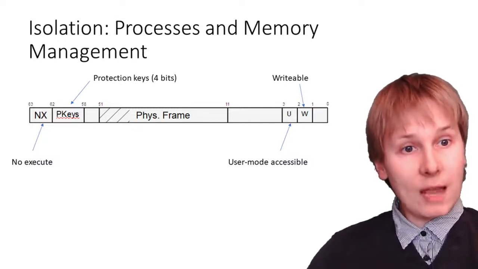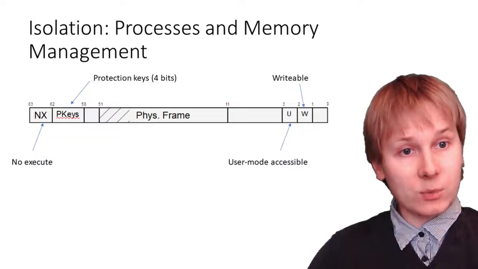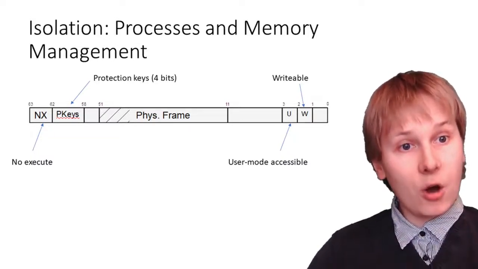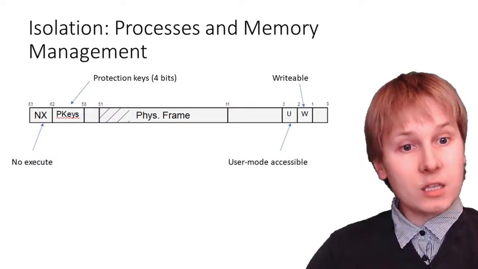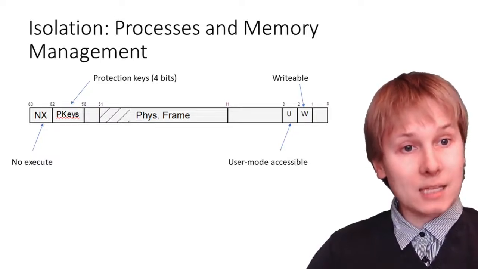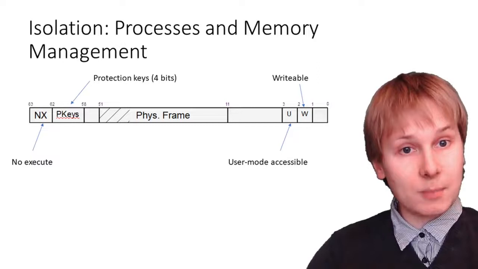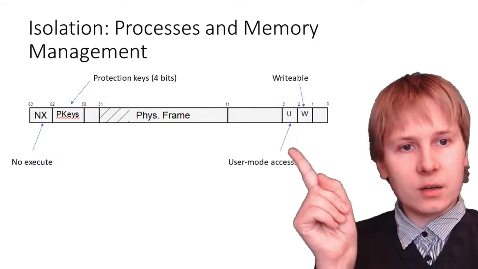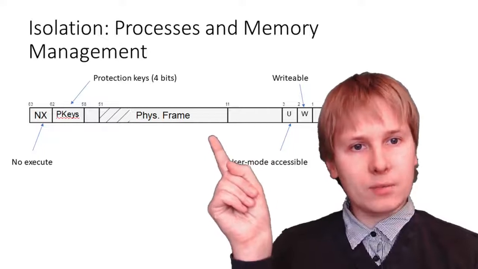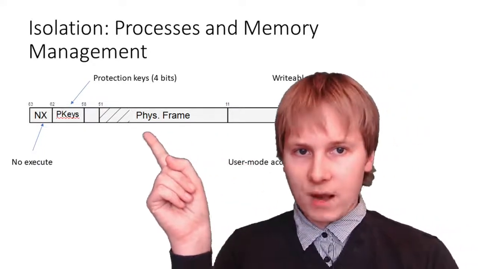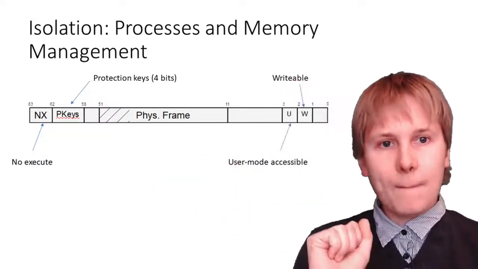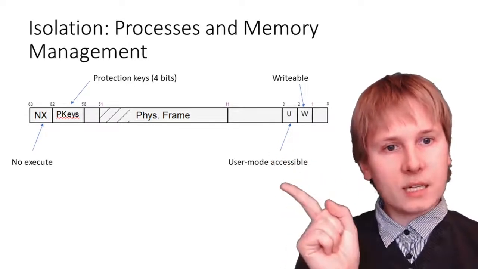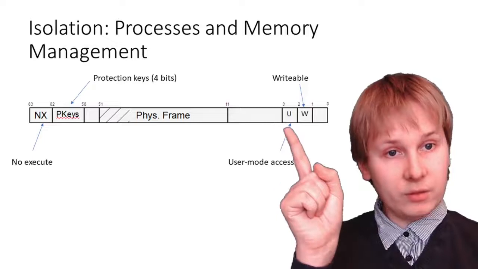So you don't only have isolation between the processes, which see different page tables and so can't access each other's pages unless they've been given specific permission by mapping the same frame within both address spaces. What you get is the number to map the virtual page to the frame, that goes in the middle of this, but you also have a flag to check whether it's user mode accessible, this one here.